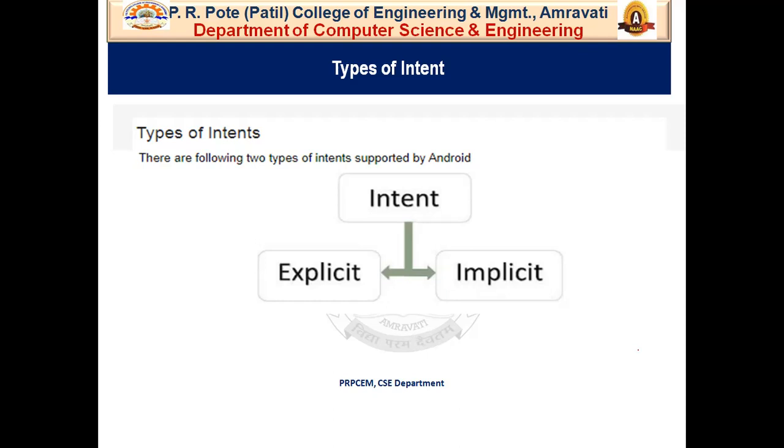Now just say I want to communicate, I want to traverse between activities in my application or services in my application. At that point in time, I use explicit intent. So it basically specifies the component to start by name.